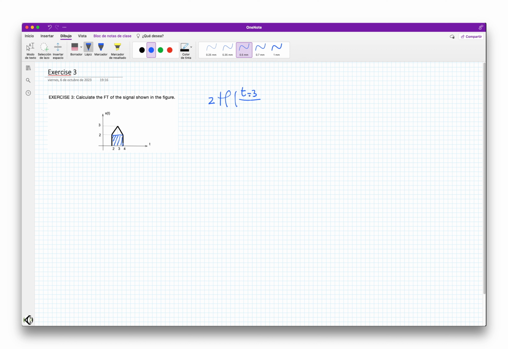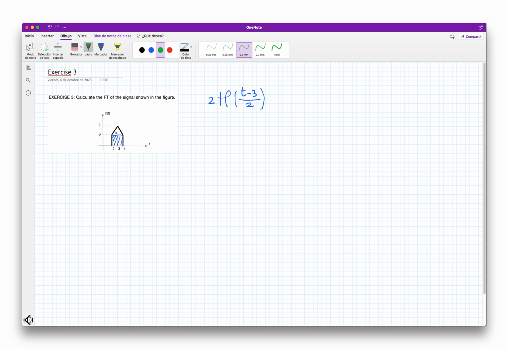So we put a negative to displace to the right and 3 units. And in the denominator, remember that we put the total width of the pi signal. In this case, the total width is 2 time units, so here we put 2 time units. So this is the blue signal.